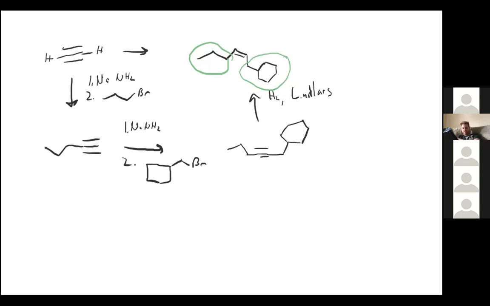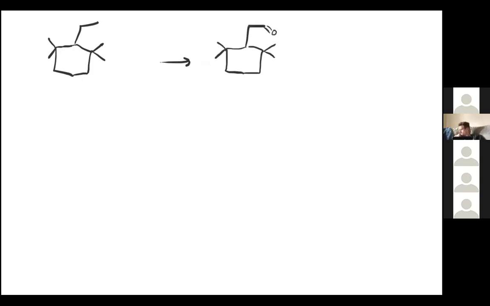Next one's more complicated. We're starting to do more of the reactions that we've been doing. So we got this 6-membered ring complex. Based on what we know, we're going to need some sort of an alkyne.